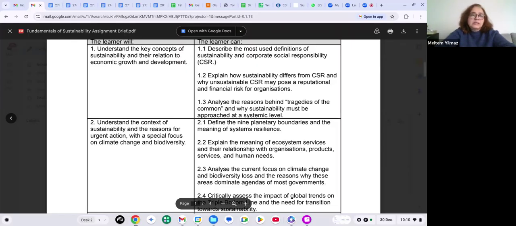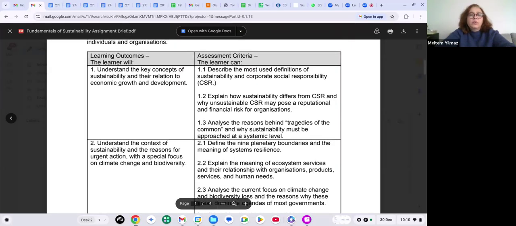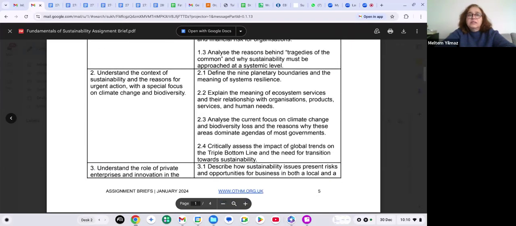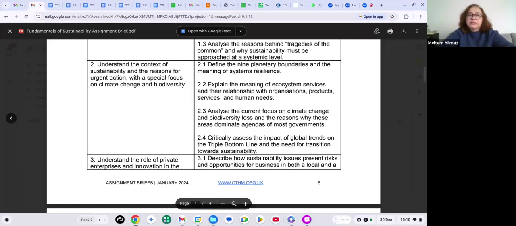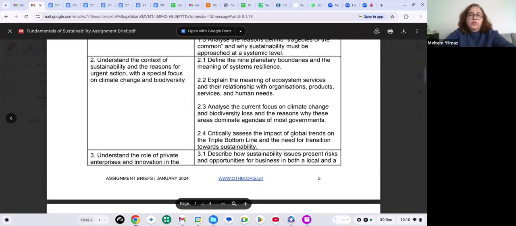In the second learning outcome, it was to understand the context of sustainability and the reasons for urgent action, with a special focus on climate change and biodiversity.